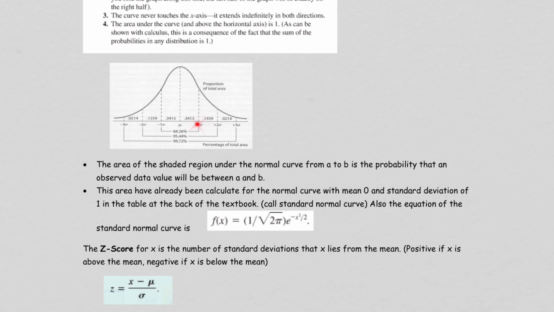So from the first standard deviation to the other first standard deviation is going to be 68.26%, right? And from the second standard deviation to the second standard deviation, the negative side to the positive side, it will be 95.44%. Between the third standard deviations is going to be 99.72% of the area.